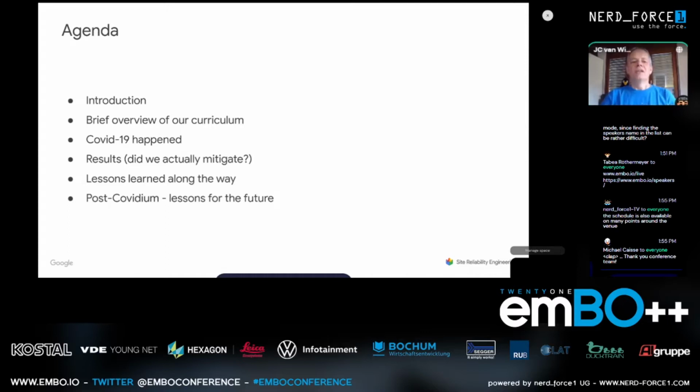Okay, so regarding the introduction and a little bit about SRE, I am part of the site reliability team of Google. Site reliability is a small team, several thousand people, that are responsible for keeping Google up and running. If Google is down, then be sure someone at Google is being paged and needs to fix the problem.